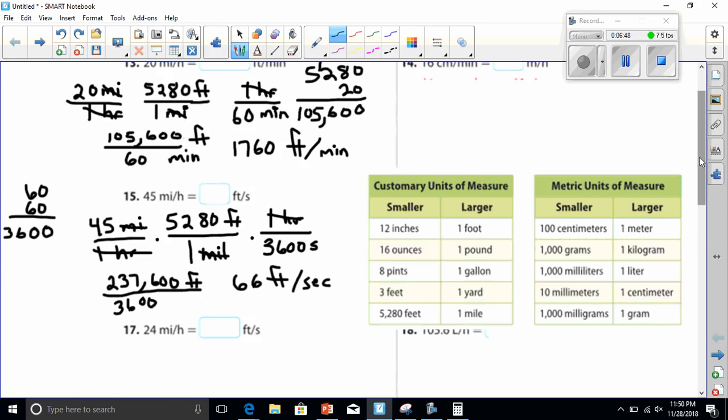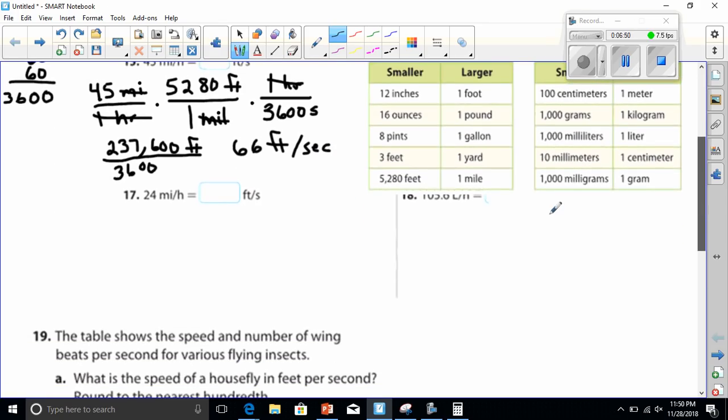All right, let's do number 17. Number 17 says 24 miles an hour. Once again, we go 24 miles per 1 hour. And they're asking us to get feet per second. Well, if I do this just like before, I'm going to get rid of my miles first.